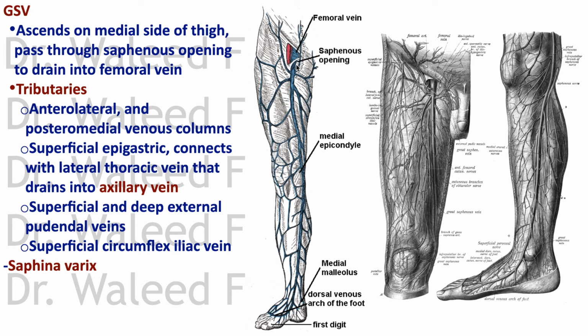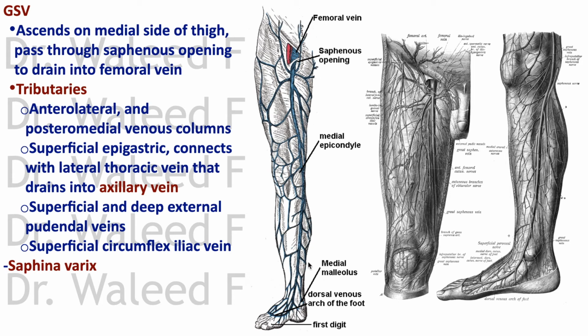The tributaries of the great saphenous vein, of course, are the plexus of veins of the lower limb, but sometimes the plexus forms an anterolateral column and posteromedial columns in the thigh to drain in the vein.